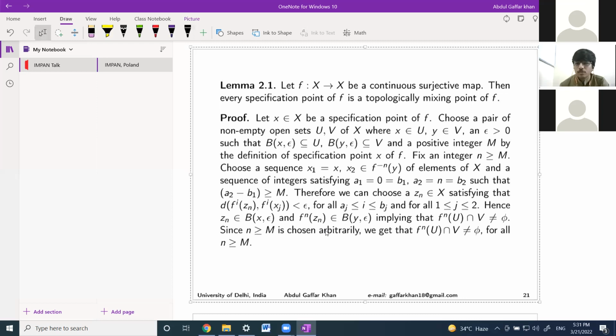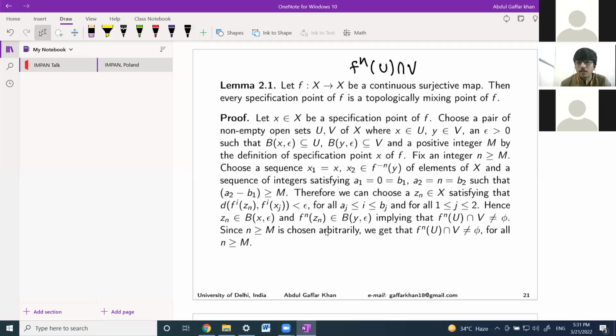So we will see that F^n(U) intersection V is non-empty for all n greater than or equal to m, where m is due to the specification property.